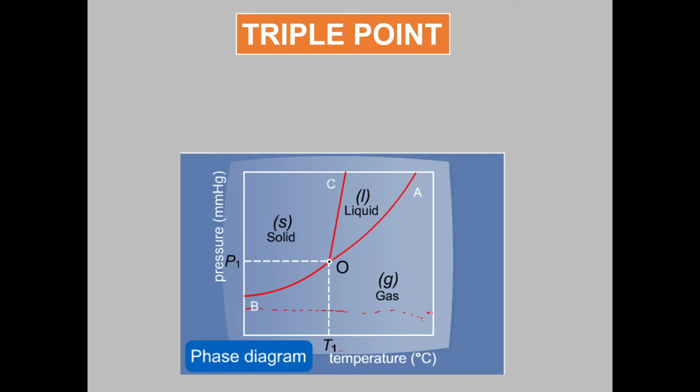Tapi contohlah dekat same temperature ni, I would say temperature A, tapi as we increase the pressure, the substance will start to tukar phase. So they start untuk menjadi the liquid dekat this phase.